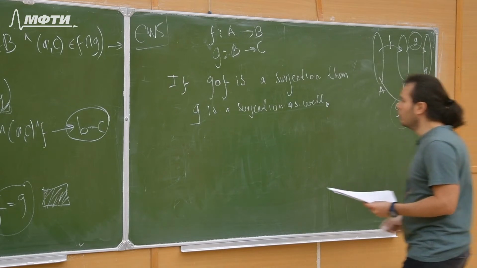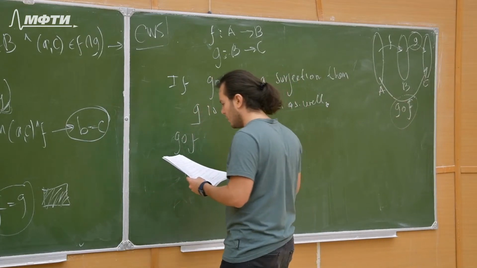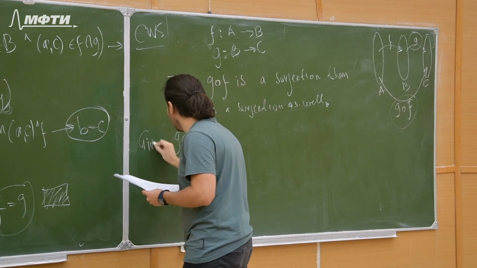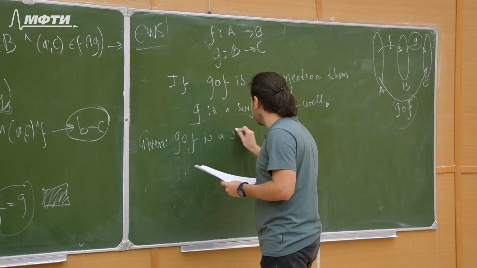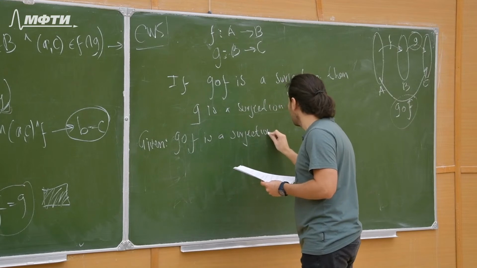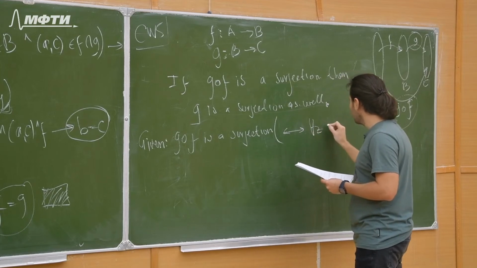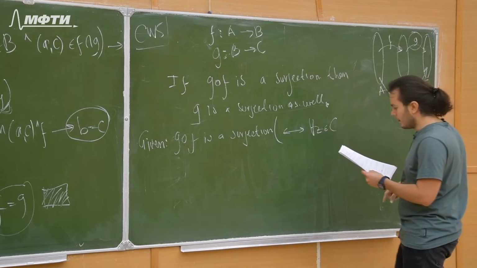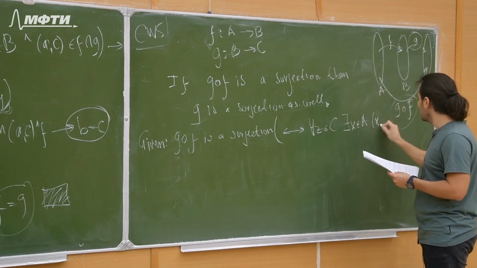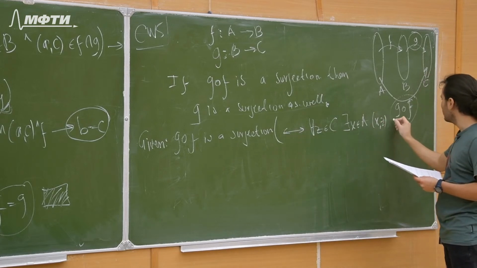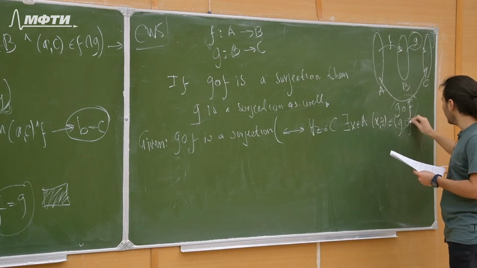So let me write the following. What is given? It's given that G composition F is a surjection. So this means that for all elements Z in C, there exists some element X in A such that this ordered pair XZ belongs to G composition F, right?